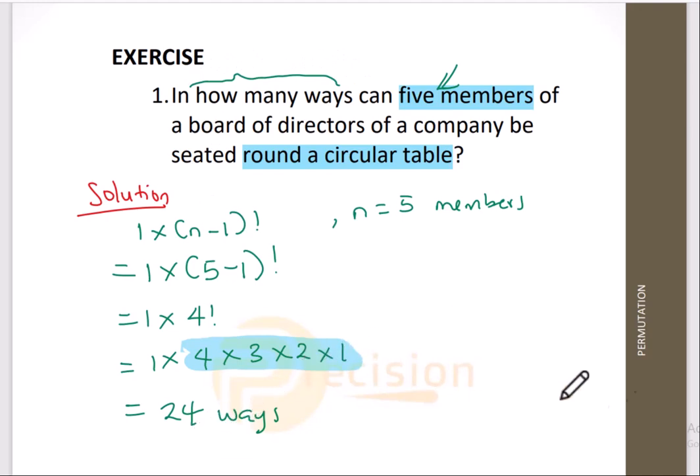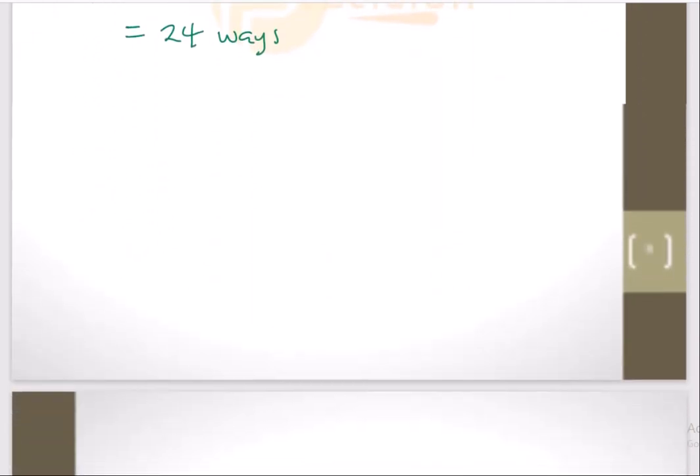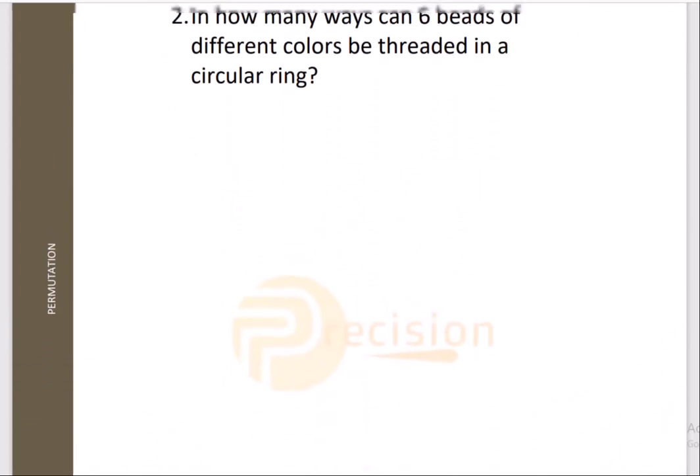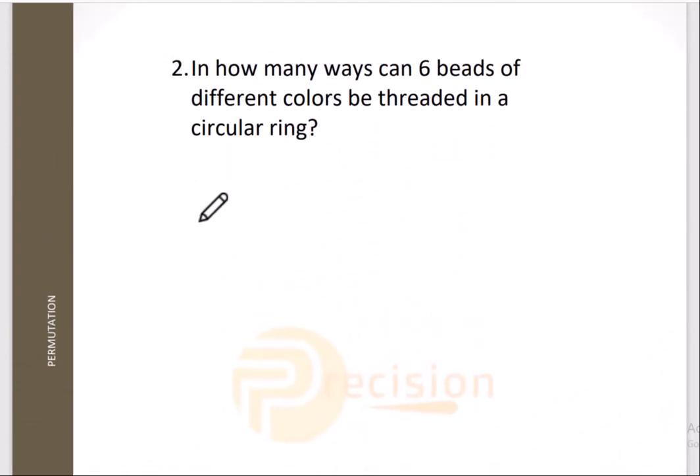Okay, let's go right to the next exercise. Exercise 2, and we are still on cyclic permutation. It says, in how many ways can 6 beads of different colors be threaded in a circular ring? Take note of this information. It says ring.